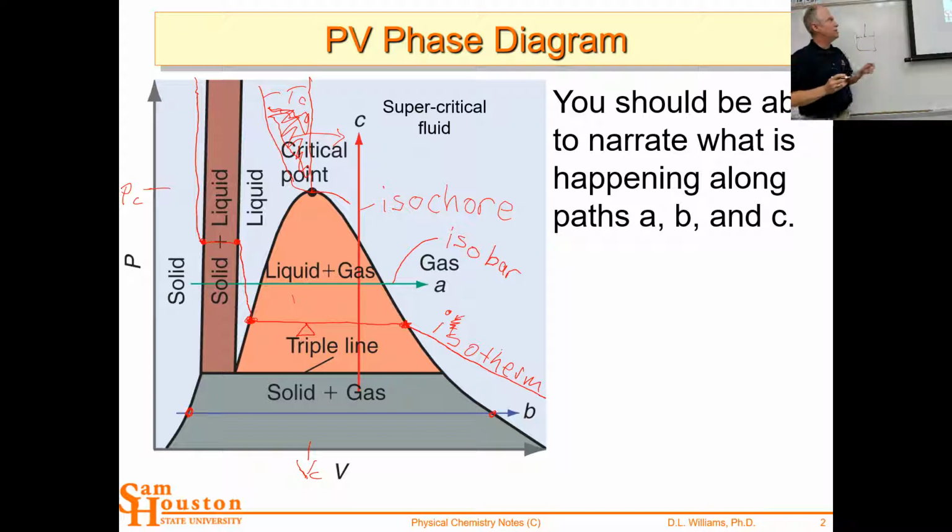What could possibly keep the pressure the same if I'm opening the piston up, right? Raising the temperature. Yes. So this is not necessarily an isotherm. Let me change that.